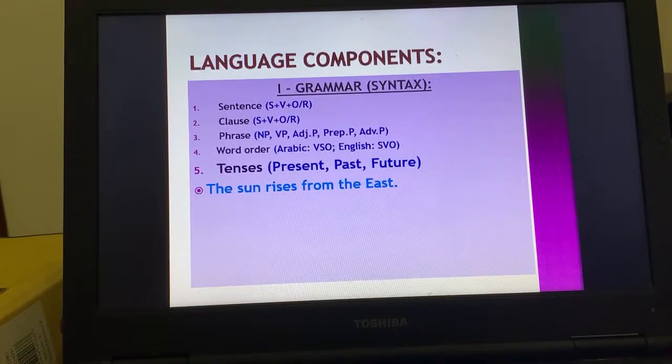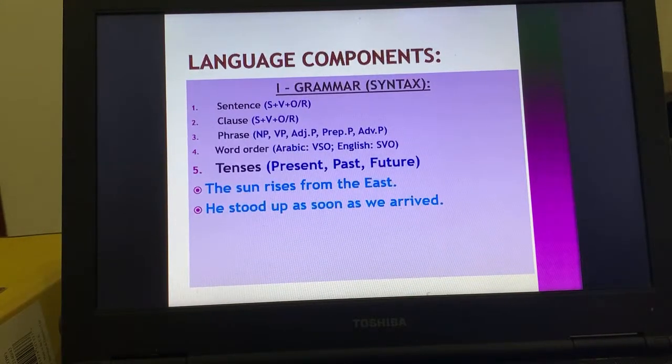So this one is for present simple, because it's a fact, حقيقة. Then, he stood up as soon as we arrived. وقف حالما وصلنا أو حينما وصلنا وقف. So as soon as, هذه طبعا في الماضي, in the past, وقف حينما وصلنا.